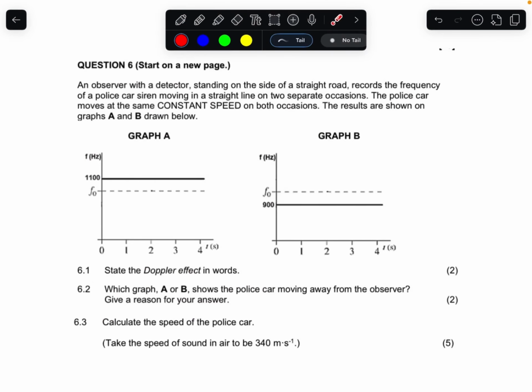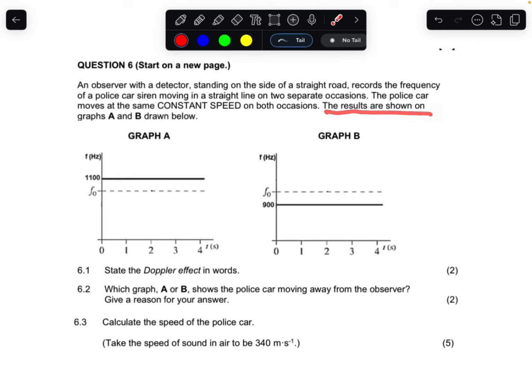Next question, question 6, which is the Doppler effect. It says an observer with a detector standing on the side of the straight road records the frequency of the police car siren moving in a straight line on two separate occasions. The police car moves at the same constant speed in both occasions, right?